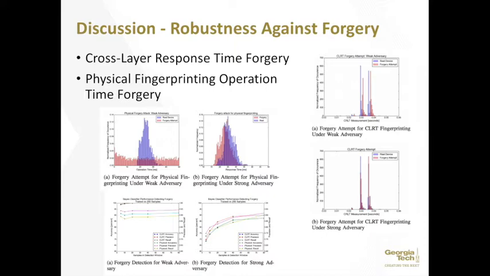Similarly, the physical fingerprinting operation time forgery attacks were also able to be identified due to the slight shift in times, as you can see in these graphs. So both physical fingerprinting and CLRT were able to identify these trivial forging attacks.